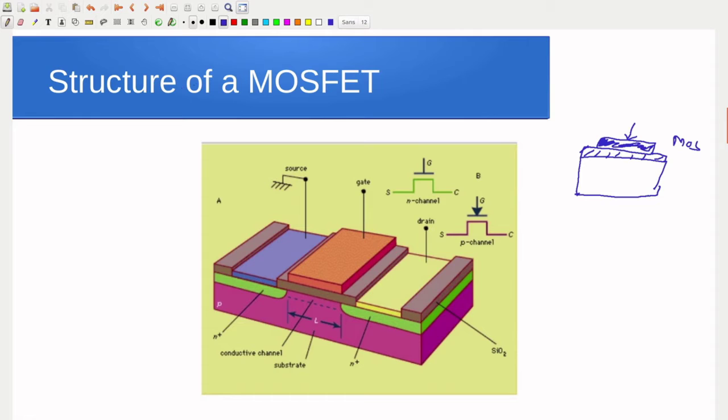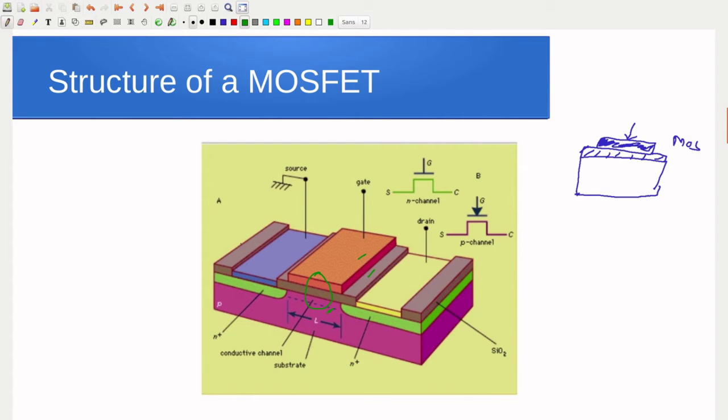Along with this MOS capacitance effect, in case of MOSFET, this part forms the MOS capacitance, the metal, the oxide and the semiconductor. Here it is the p-type semiconductor.